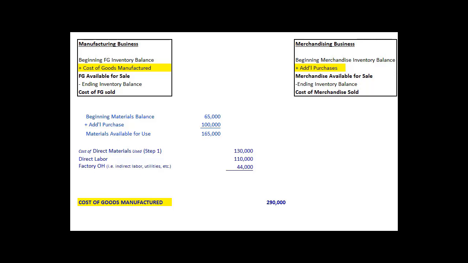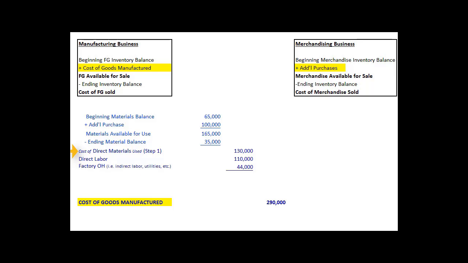With this balance, if we subtract the materials used, we would have the ending material balance. Alternatively, if we have this balance and we subtract the ending material balance, we would arrive at the direct materials used. And here we see that it is $130,000.